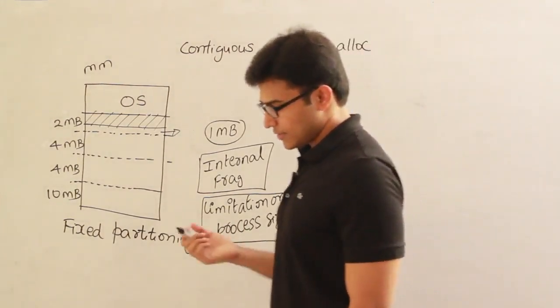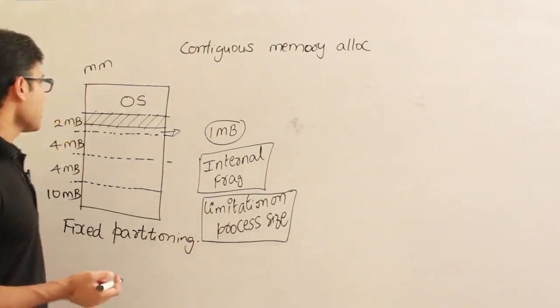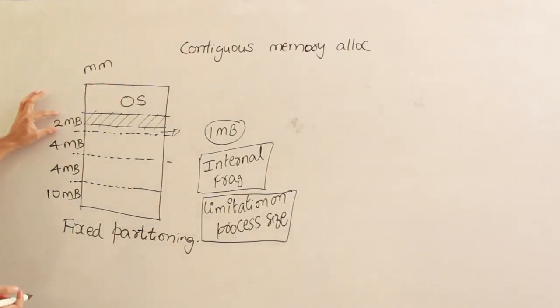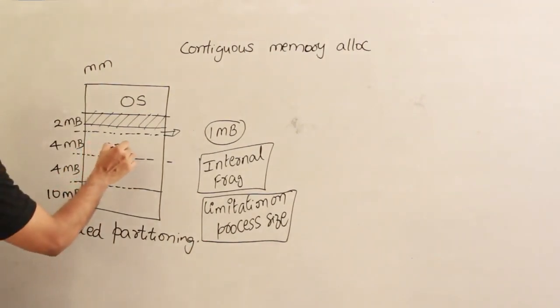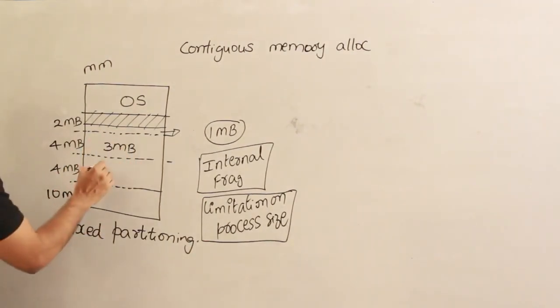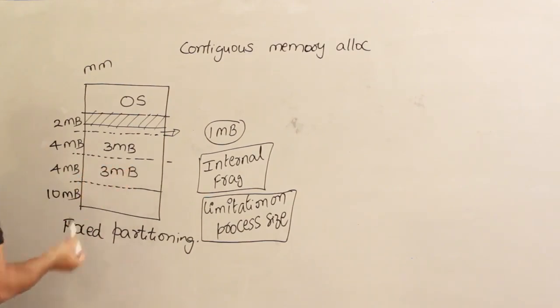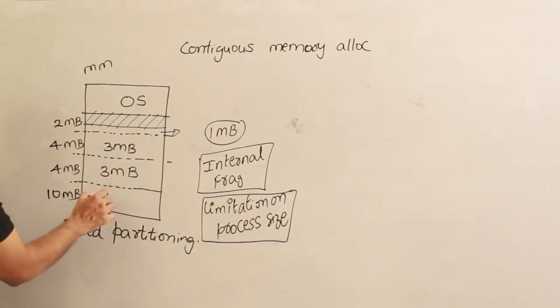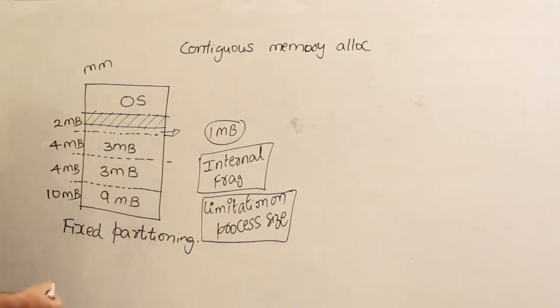And another disadvantage is something called external fragmentation. External fragmentation happens this way. Watch it. Let us assume that in this 2 MB partition, 1 MB is kept and 1 MB is free, in the 4 MB, let us say 3 MB is filled up and 1 MB is free, here also 3 MB is filled up because the process size is 3 MB and 1 MB is free, and here 9 MB is filled up. So 1 MB is remaining in each of the four places.